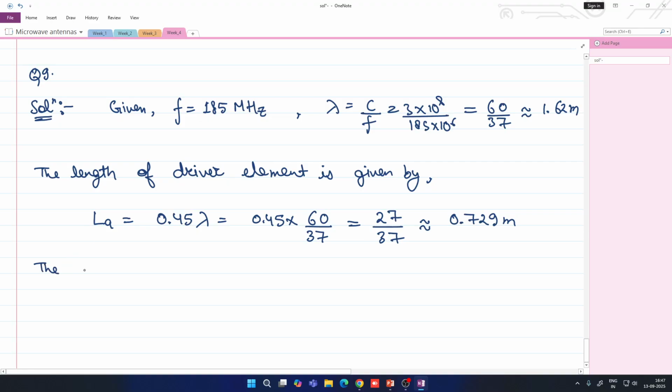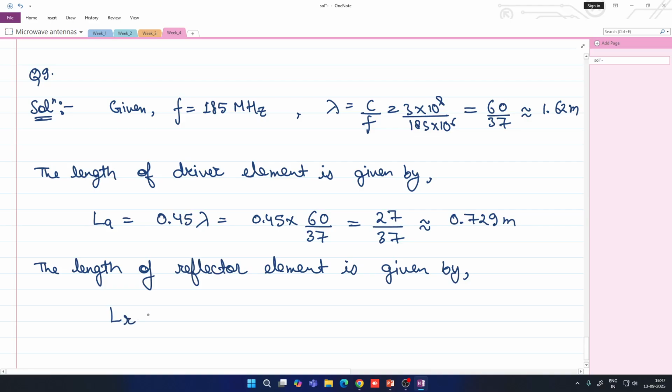And the length of the reflector element, LR, is given by 0.55 lambda. So we substitute the value for lambda, and it comes out to be 0.891 meter.